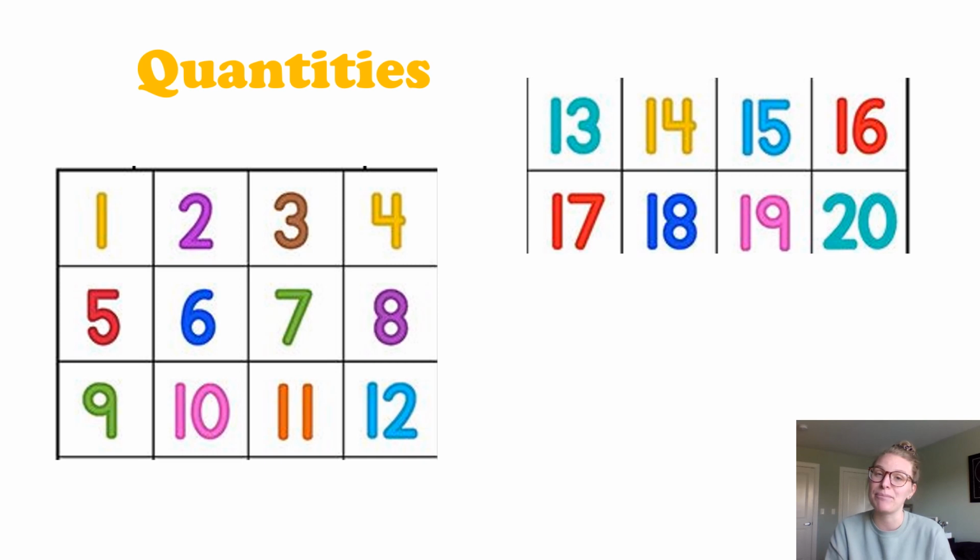Your next step in making your word problem is deciding the quantities of what you want your word problem to be using. Remember, you had to choose if you wanted to add or subtract with your word problem, and that's important to remember for the numbers that you choose. If you are going to do an addition word problem, you need to choose 2 numbers that you can put together.